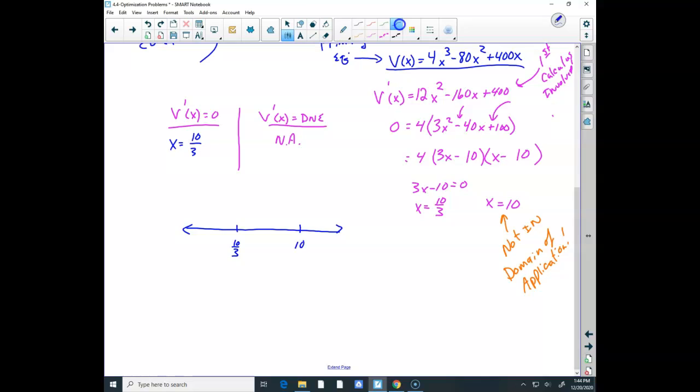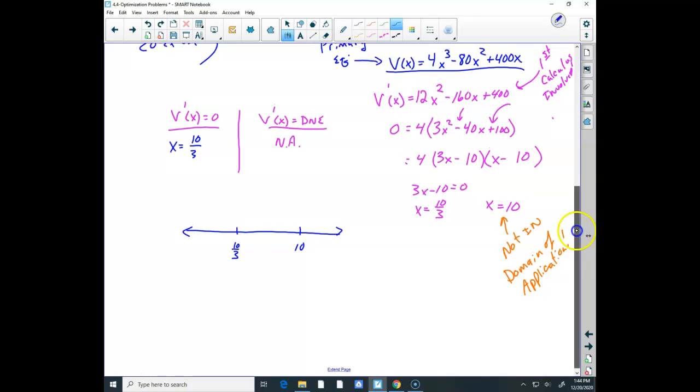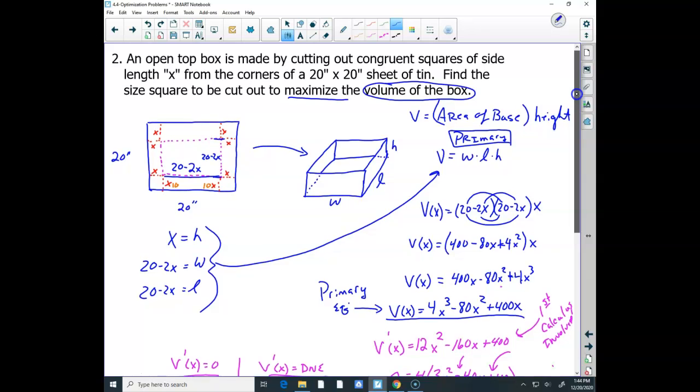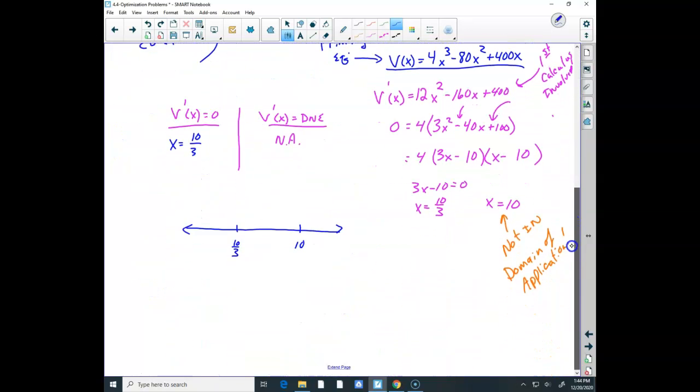It really doesn't matter because we're maximizing, right? We're maximizing volume. So we need to see a change from positive to negative, don't we? So if I come back here, 10/3, I'm going to test 1 in there. I know that's smaller than 10/3. Well, 4 is always positive.